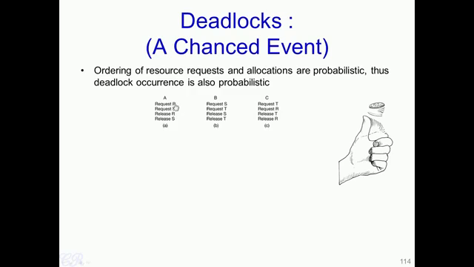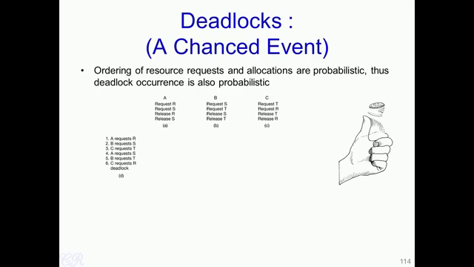Obviously, a release can be made by a process only after the request is made. These requests and releases of resources are given to the operating system at various time instances, depending on how A, B and C get scheduled and executed.